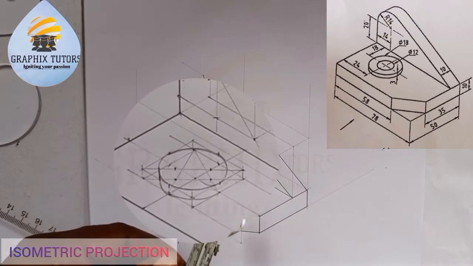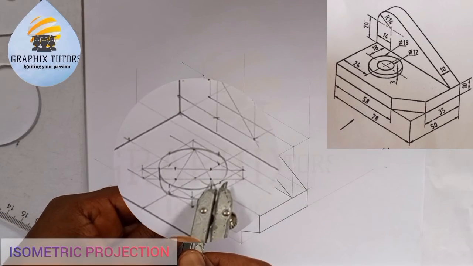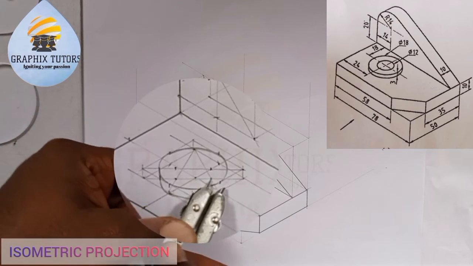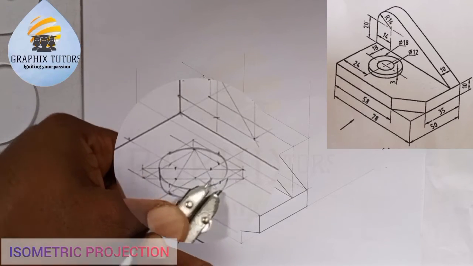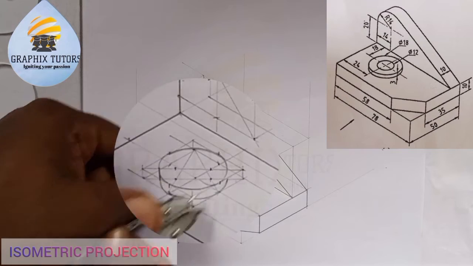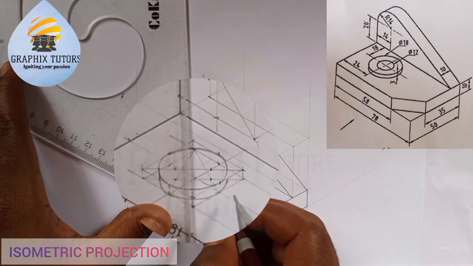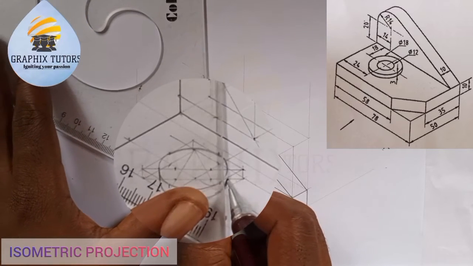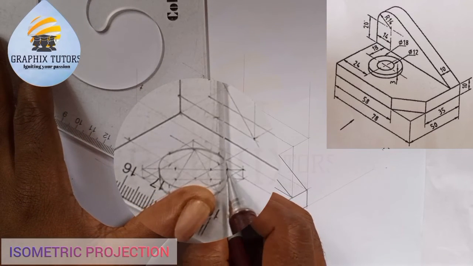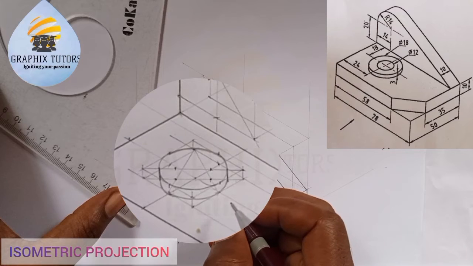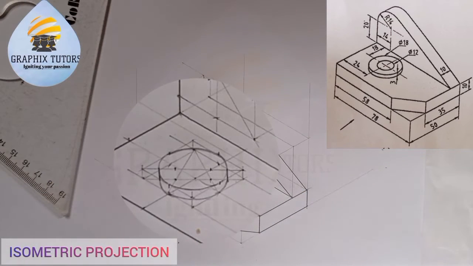Then I'll do that for the down too, here, with the same measurement. You can see that? And I'm going to join this center point to the center point here. Hope you see that. So I've got that shape there.